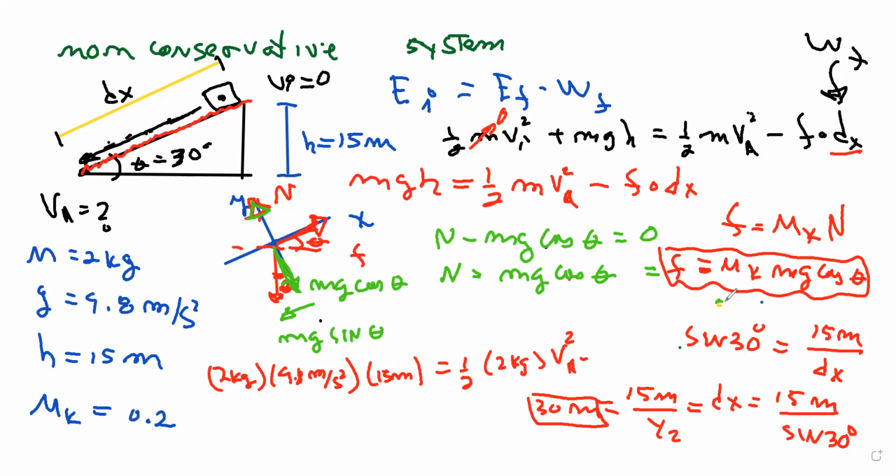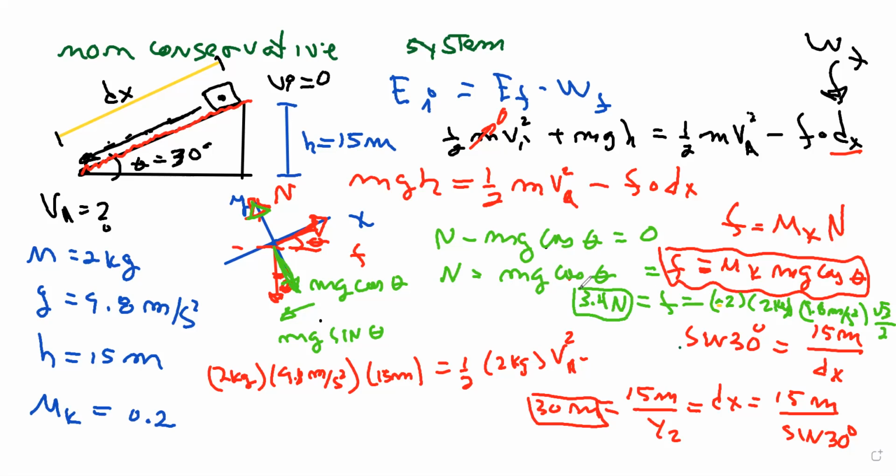So if we plug 0.2 here, and then the mass is 2 kilograms, and then 9.8 meters per second square, and then this is going to be square root of 3 divided by 2. You're going to get a friction of 3.4 newtons. That would be your friction right there.